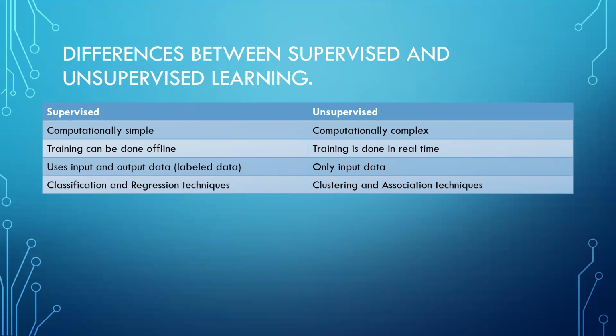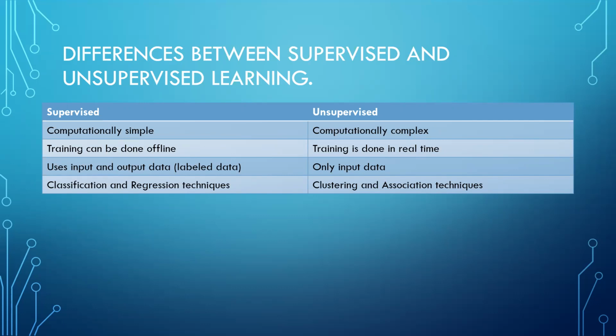So supervised learning, if we look at difference three, it uses input and output data, which we call labeled data, that enables the computer to predict from a test. Let's say, for example, from a test image, it can predict, using the labeled data used to train it, what kind of thing it is.